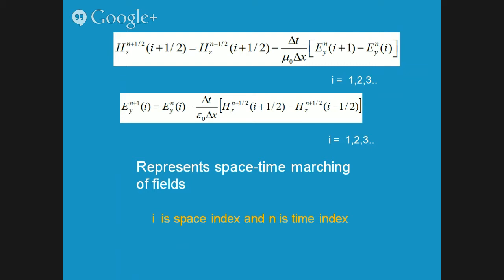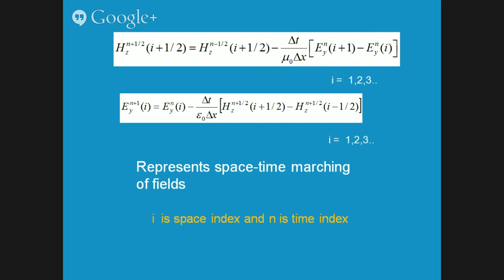The upper equation says that the Z component of the magnetic field at time n plus half and at node i plus half can be obtained from the magnetic field at the same node but at an earlier time instant, n minus half, and the other two terms are the electric field components at nodes i plus 1 and i at time instant n.